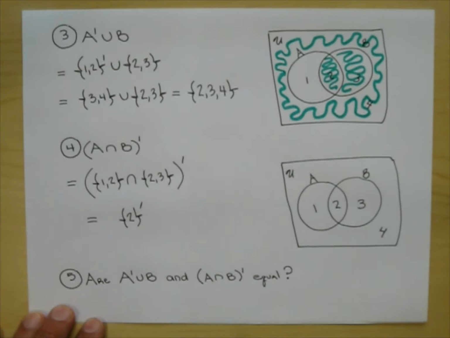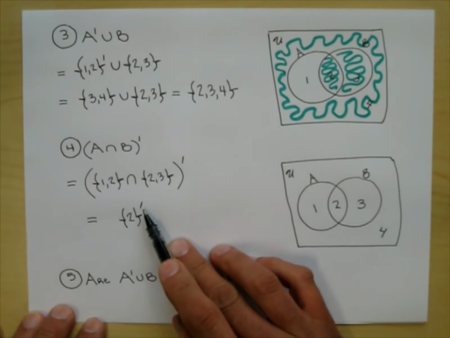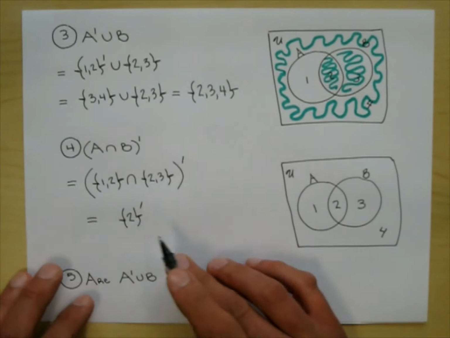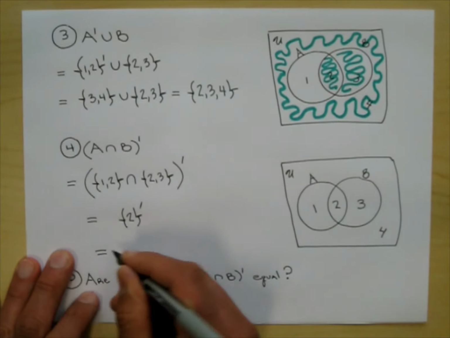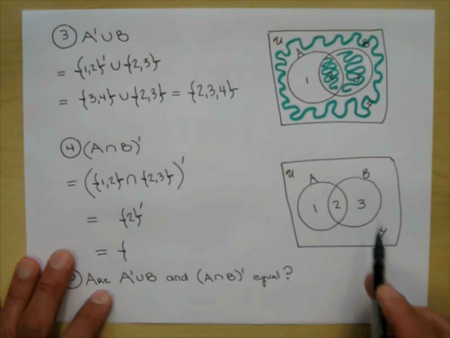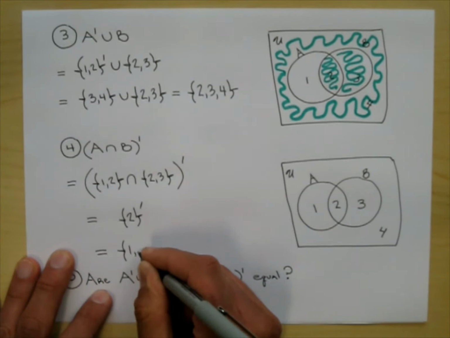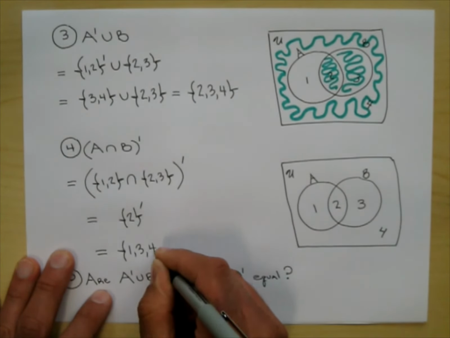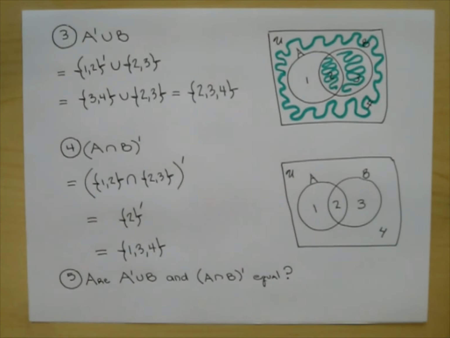Then you have to complement it, okay, because that's on the outside. The complement of 2 is what is not 2. Well, it would be 1, 3, and 4. So that is what we're going to shade.